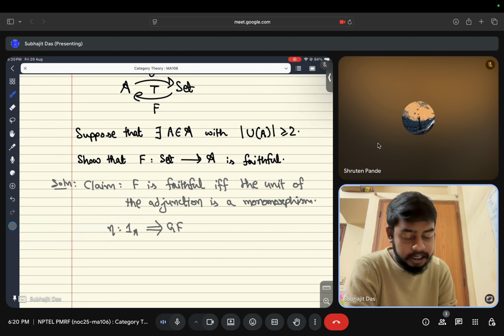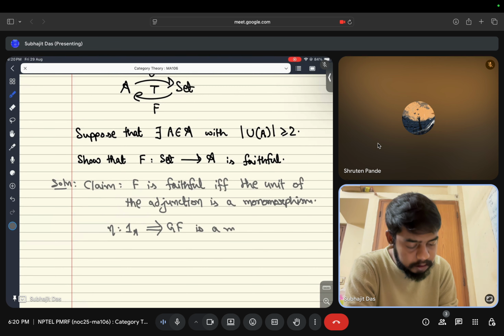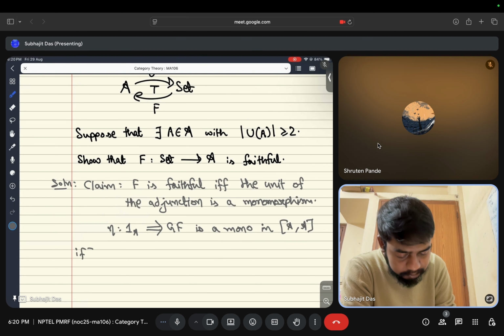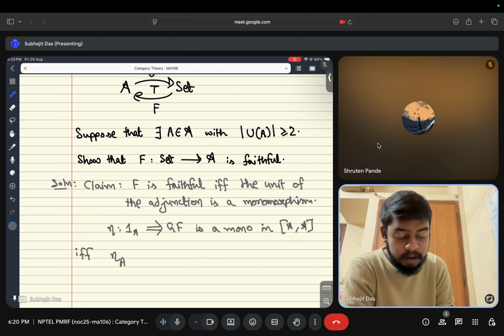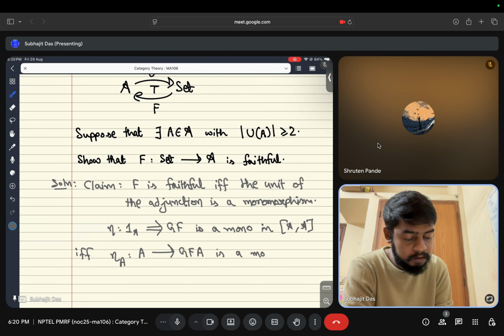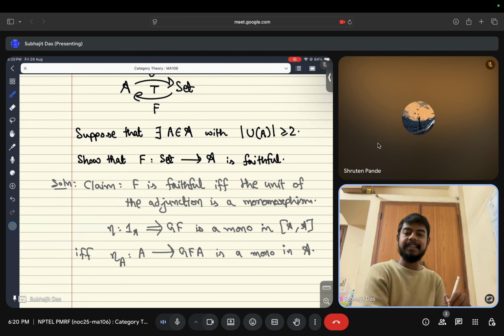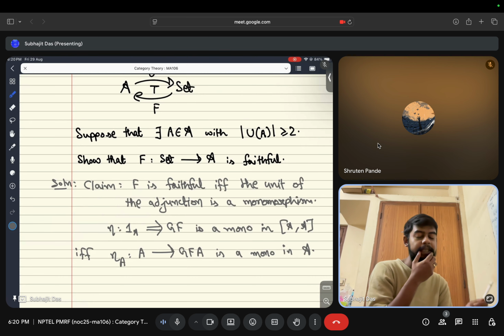This natural transformation is a mono in your functor category from A to A if and only if each component arrow of eta, so the component arrow of eta at the object A, which is an arrow from A to GFA, is a mono in A. I was going to put an exercise on this as well, but maybe that will be covered later in the week, later in the course, or maybe it has already been covered.